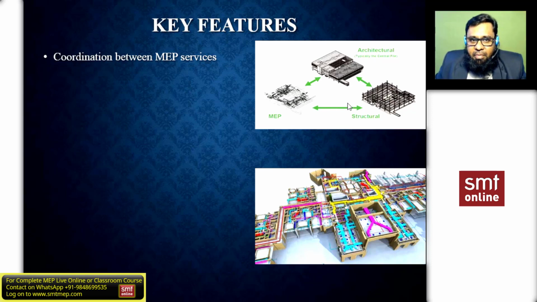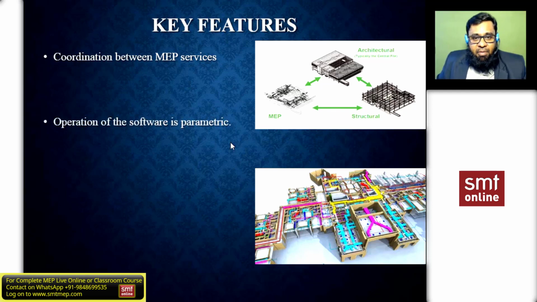But here we are talking about MEP services, so we'll talk about the services. Between the services you'll find the coordination. For example, if there is any change in the architectural design at the design stage, then as per the requirement, one can change the services, or vice versa.